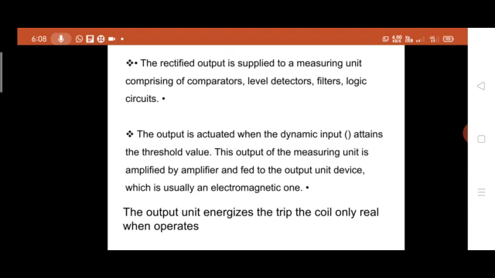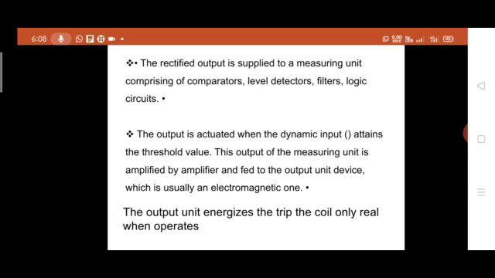This output of the measuring unit is amplified by the amplifier and fed to the output unit device, which is usually an electromagnetic one.